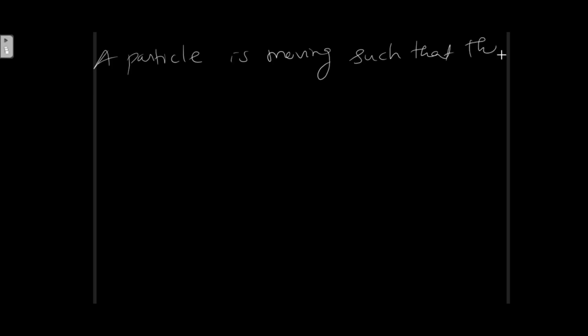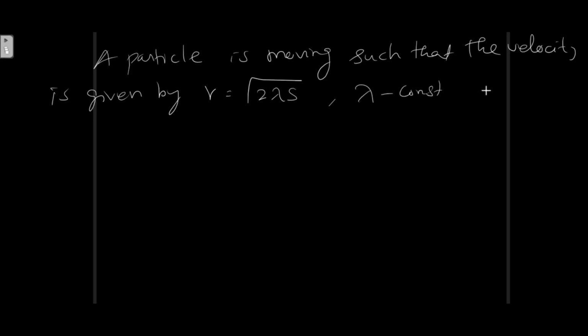Next sum: a particle is moving such that the velocity is given by v equal to root of 2 lambda s, where lambda is constant, s is displacement, and 2 is also constant, v is the velocity.